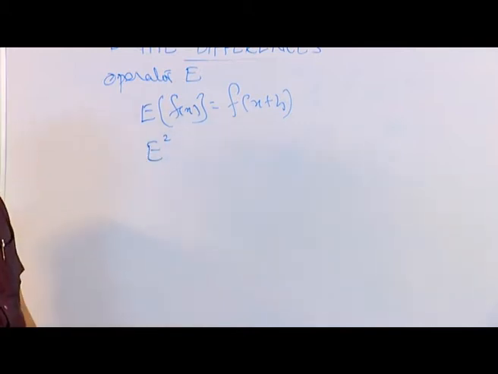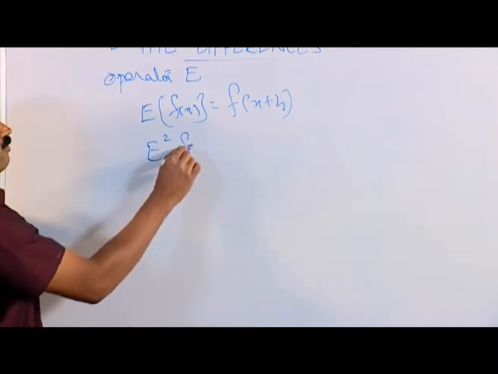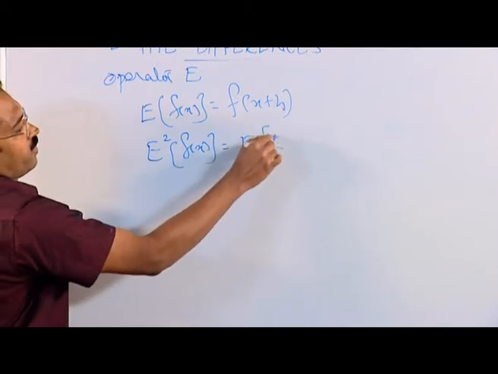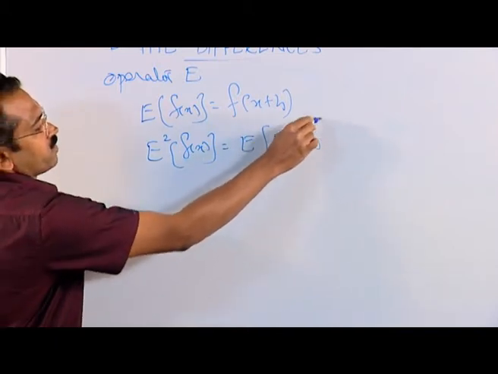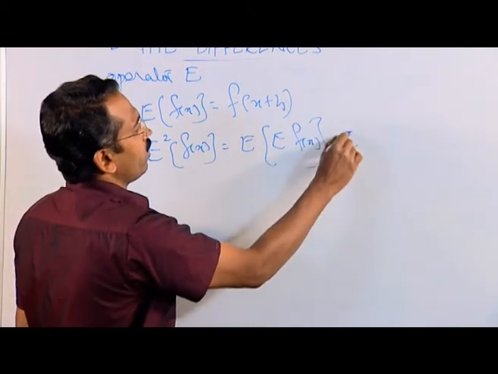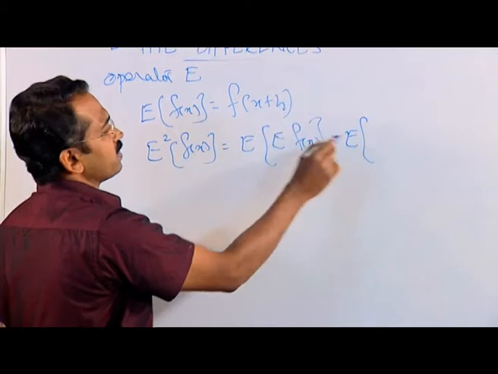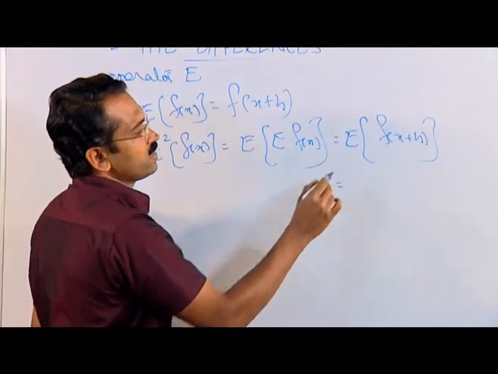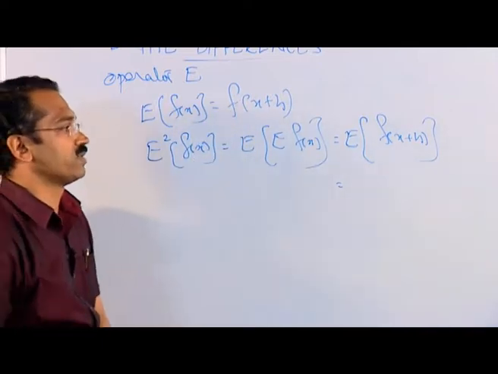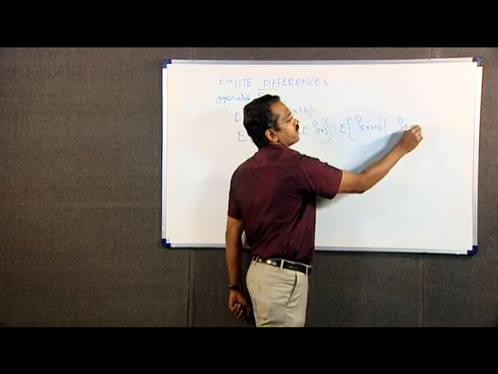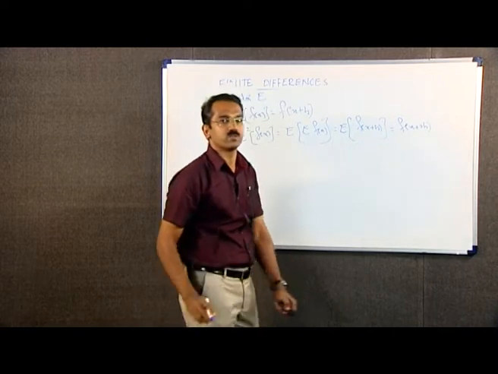The second shift operator is E square of f of x, that is equal to E of E f of x, that is E f of x is f of x plus h, which is equal to f of x plus 2h.